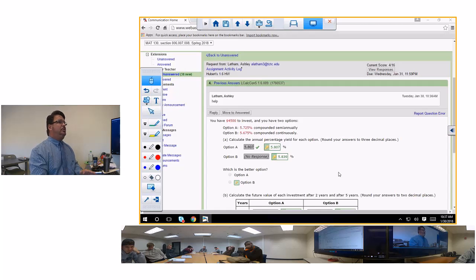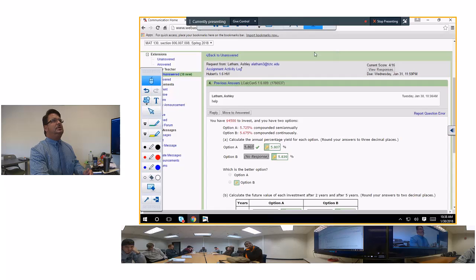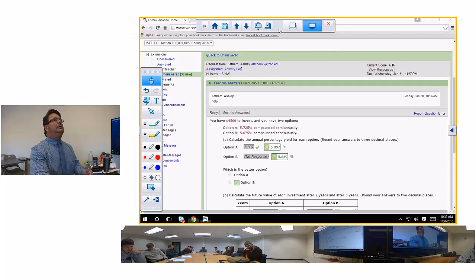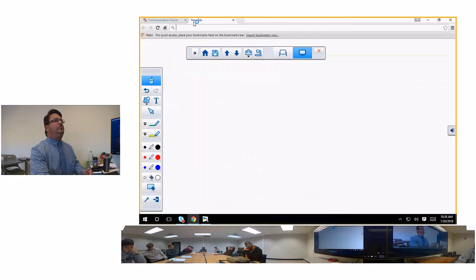One is equal to P times 1 plus R over N raised to the NT power. The other one is P E to the RT, and I'm just going to pull them up right quick for you, okay? One is E to the RT, and the other one is 1 plus R over N raised to the NT power. But I'm just going to pull both of them up for you.